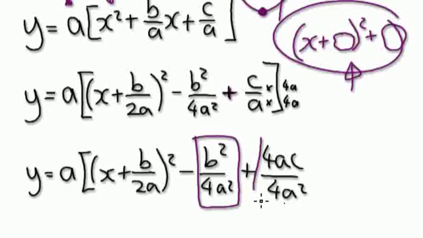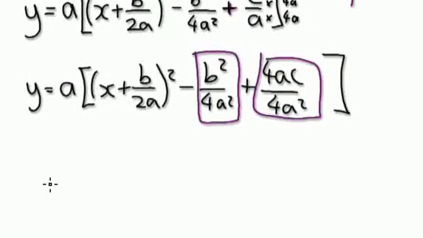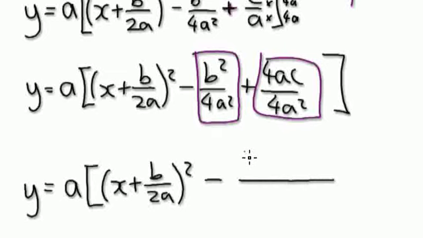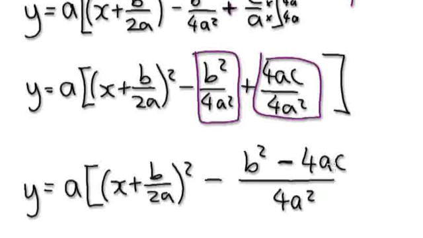Now the two denominators are the same. We can merge them. So this will be y equals a, x plus b over 2a squared, minus. Now here's a tricky bit. This has to be a minus: b squared minus 4ac over 4a squared.